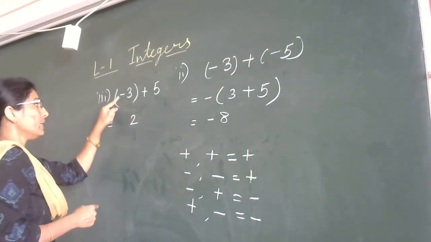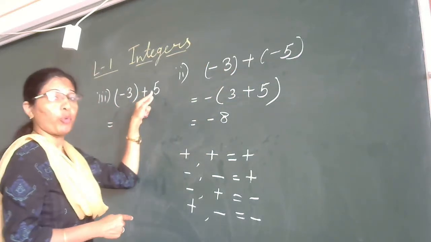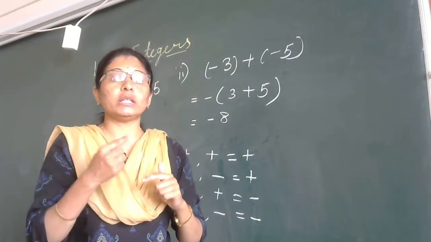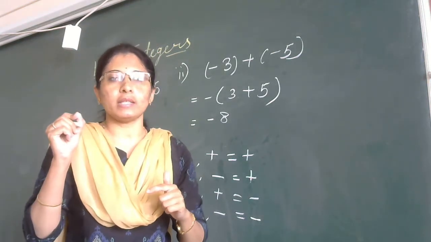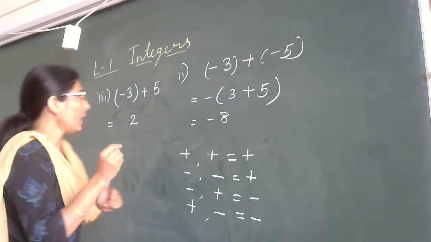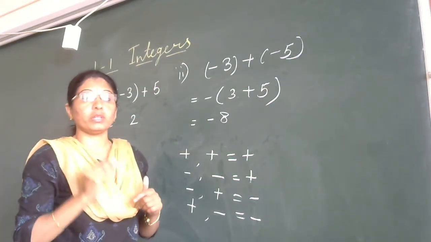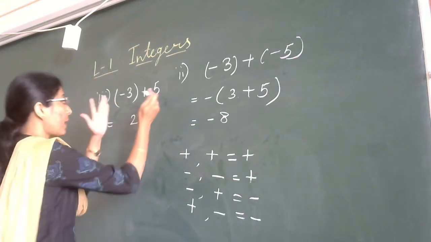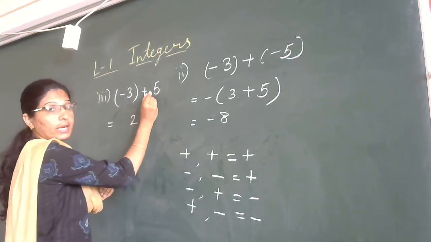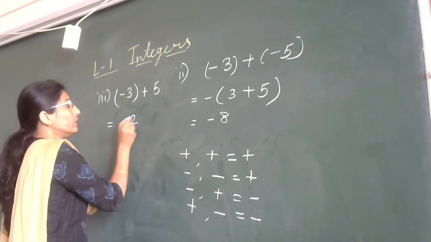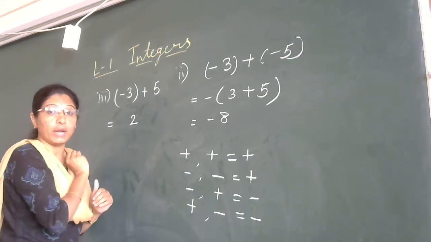But here one is negative and one is positive. In that case, we have to put the sign of the greater number in the result. Here 5 is the greater number. After subtracting, we put the greater number's sign. 5 has a plus sign, so this result will be plus.